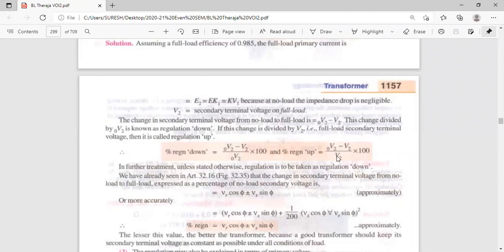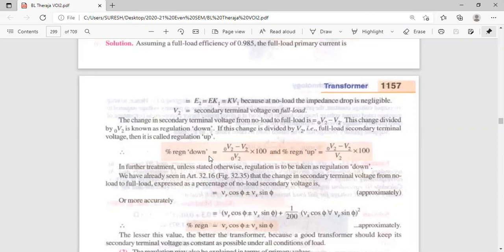Because your no load voltage is greater than the full load voltage. In the denominator, if more voltage is there, regulation will be less. If less voltage is there, regulation will be more. That's why V2 naught is greater than V2. These are the two formulas for regulation: percentage regulation down and percentage regulation up.